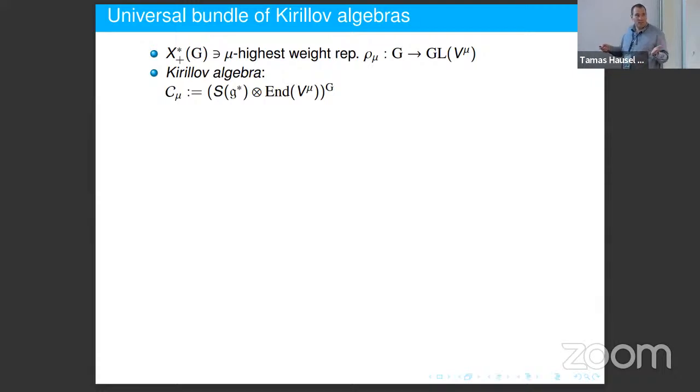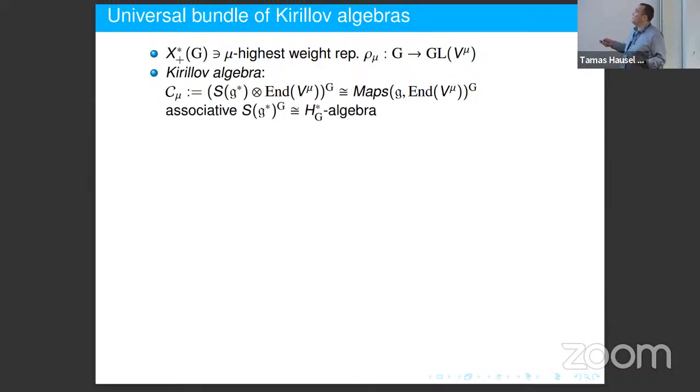That's the way Kirillov defined the algebra. I prefer to think of these things as polynomial maps from the Lie algebra to these matrices, which are G-equivariant.